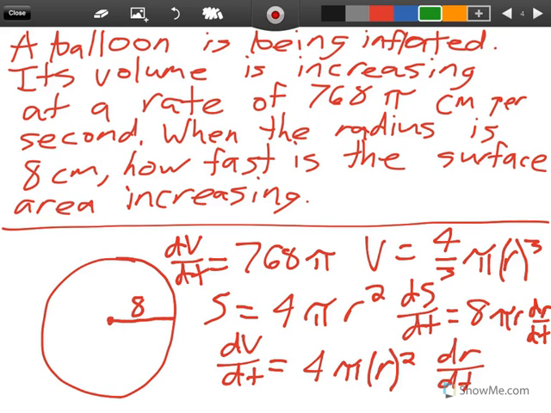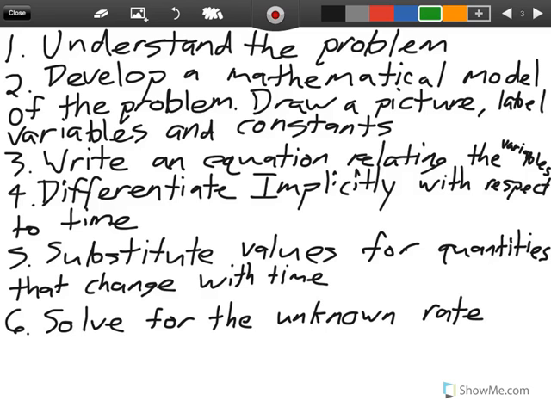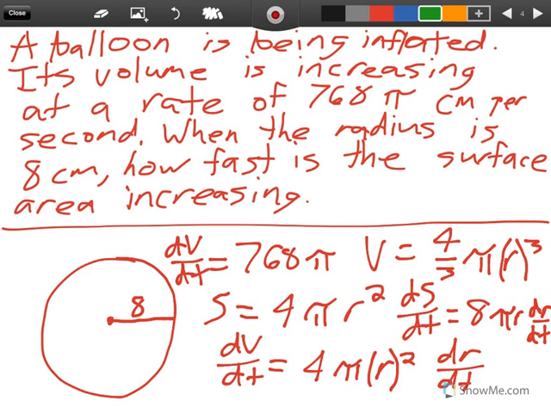Try to think of formulas where you're given different values and different things that you can solve for. And when you're doing the derivative, remember to solve with respect to time, do the chain rule, and make sure to take the derivative of the inside as well.